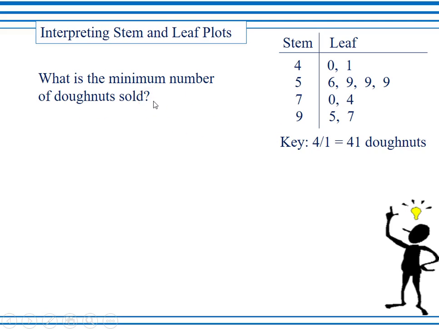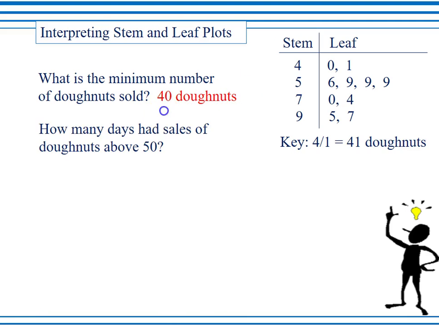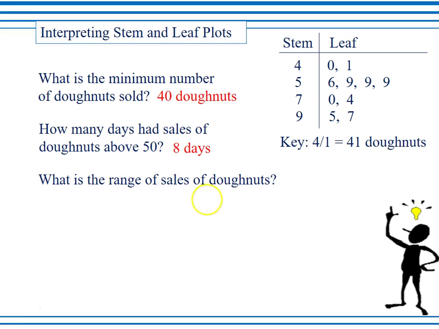The smallest amount sold in one day. 40 donuts. Next, how many days had sales of donuts above 50? 8 days.